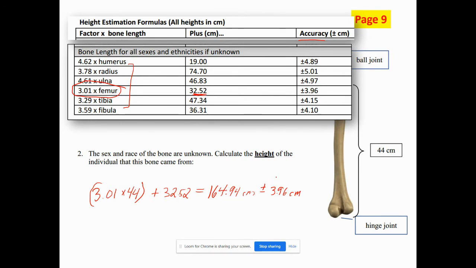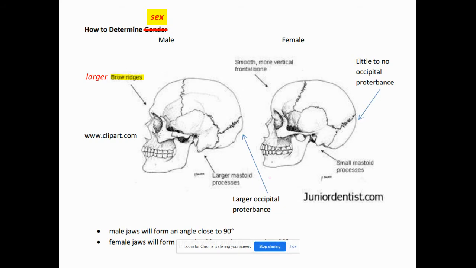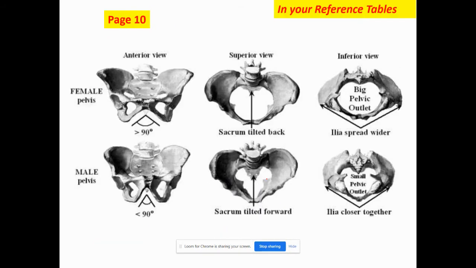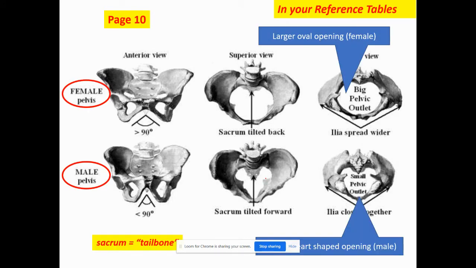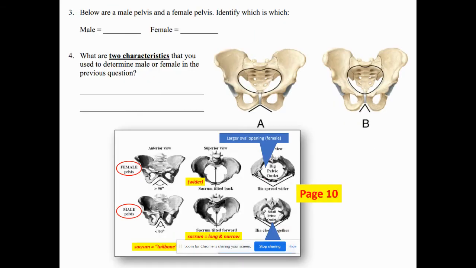All right, moving on. In your reference tables, this part has a bunch of useful information about the skull and the pelvic bone or pelvis that can help you tell the difference between a male and a female skeleton, or male and female skull, male and female pelvis. Okay, there we go. All right, so below are a male pelvis and a female pelvis.